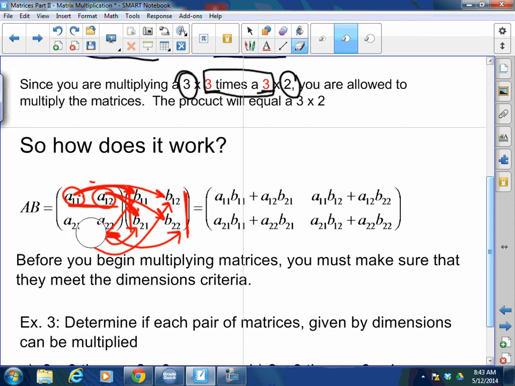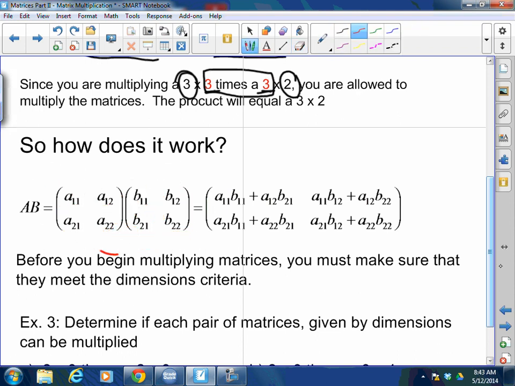So, again, first element times here. Done. Plus second element times this guy. Done. Then this first guy again to this dude. Then this guy here to this dude. You with me?